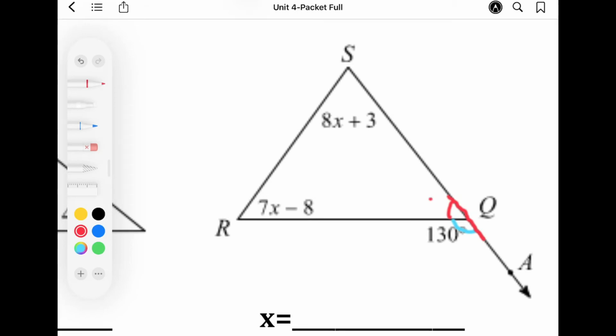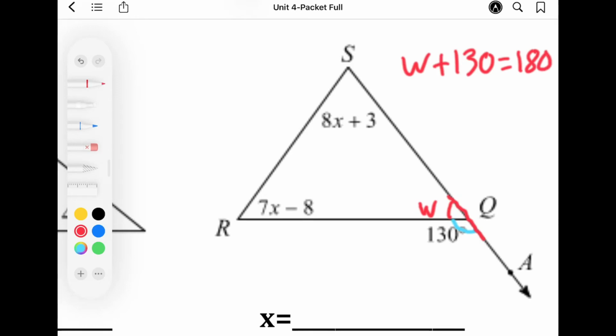So to find this leftover angle, actually let me create a different variable. Let's say W here. If we want to find angle W, we would add W and 130 degrees, and both would have to equal 180.